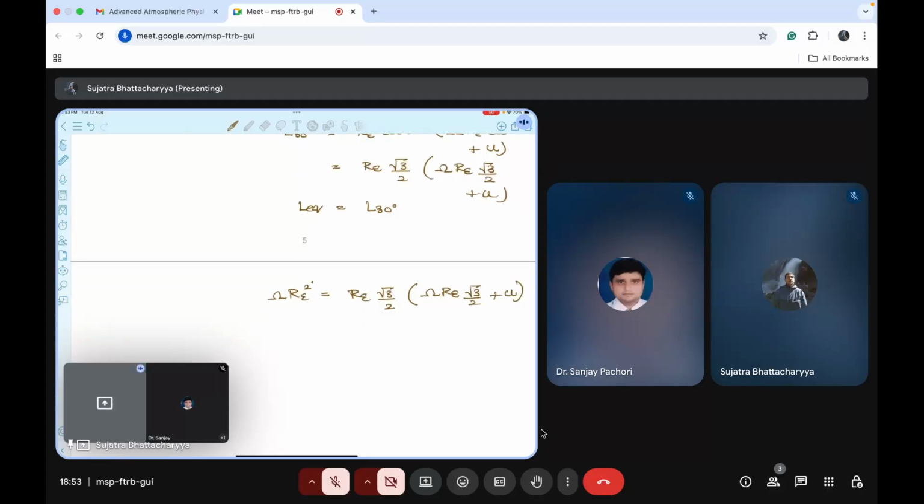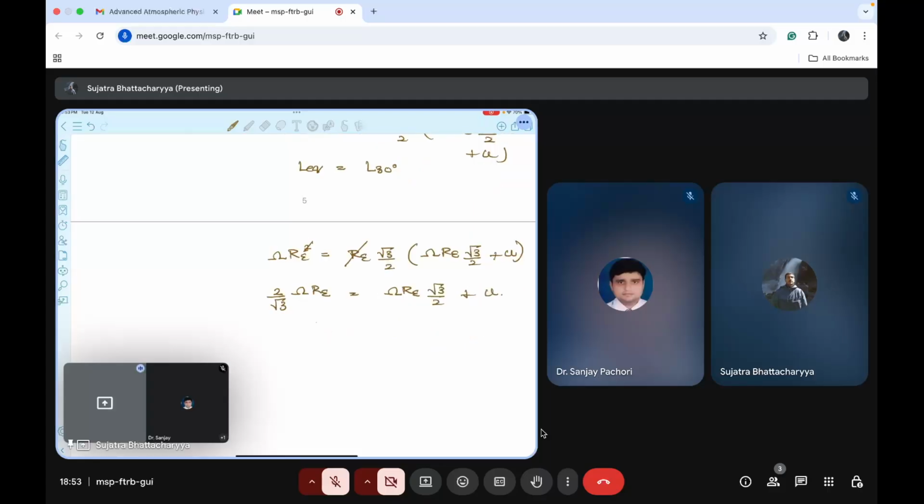Now you cancel this, so you get omega Re, and you can make this 2 by root 3, and this is omega Re root 3 by 2 plus u. So if you calculate this way, 2 by root 3 minus root 3 by 2 into omega Re is equal to u.